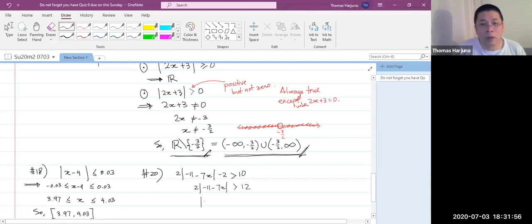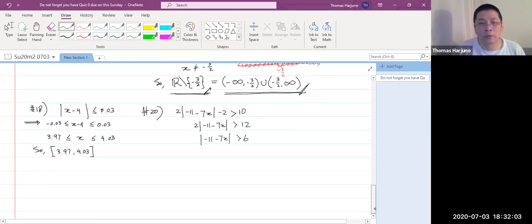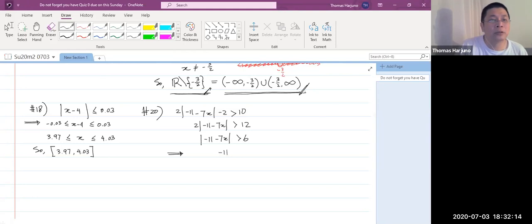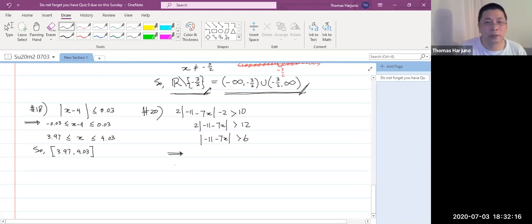And then I divide by 2. Now notice that my absolute value is isolated, right? Once it is isolated, then absolute value of blah greater than 6 means that blah must be to the right of 6 or to the left of negative 6.